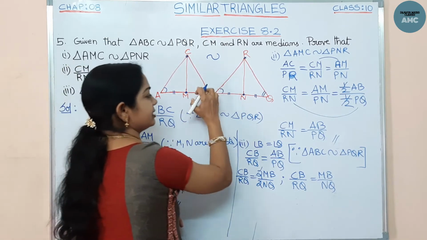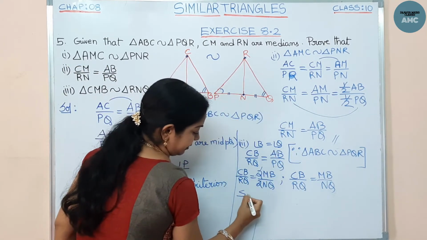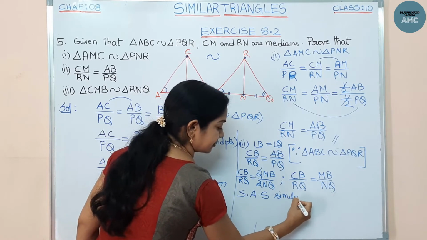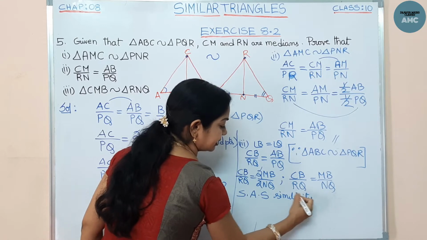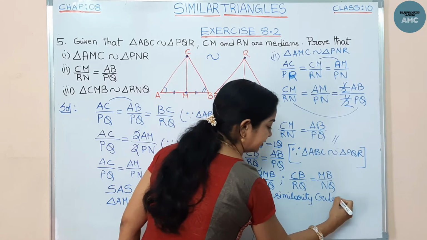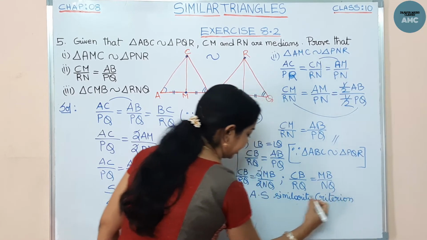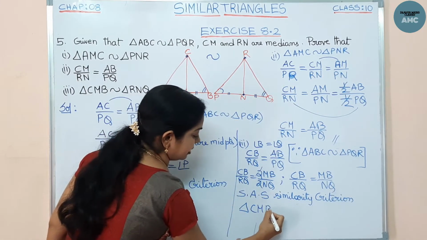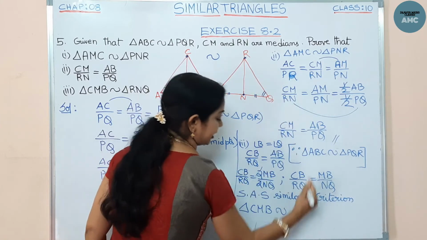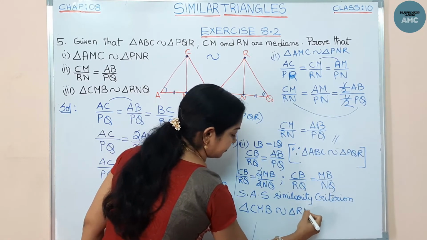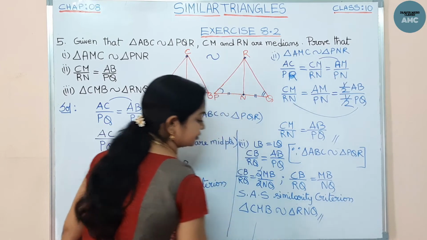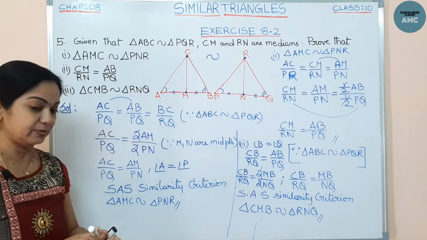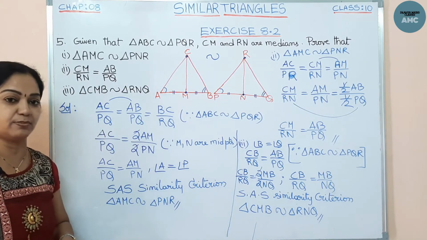So two sides and an included angle, therefore by the SAS similarity criterion, side angle side, we can say that triangle CMB is similar to triangle RNQ. Hence proved. So we have proved the 3 parts in this problem. Quickly pause the video and note it down. Let's see the next problem.